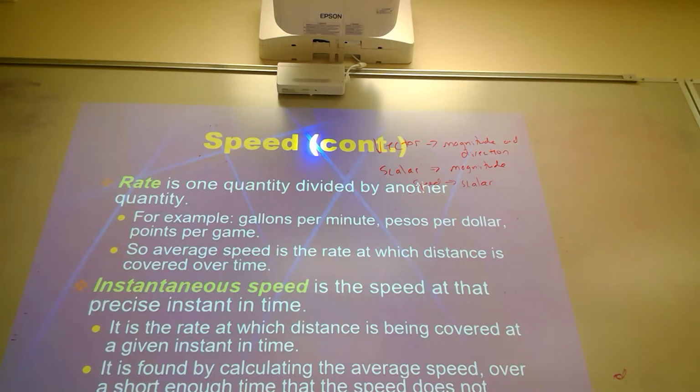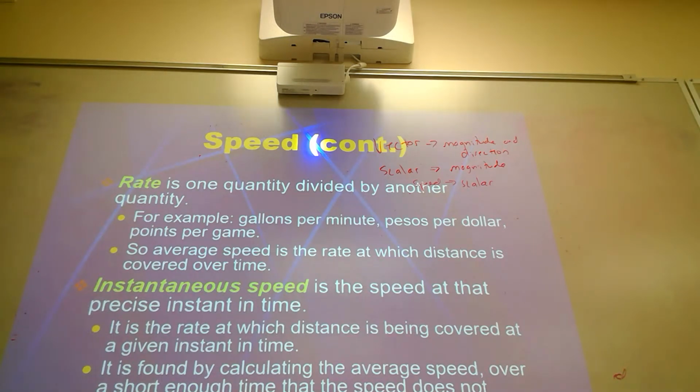Now, in the lab, with the equipment we have, we estimate it fairly well. So we try to have a small distance to have a small time, right? How do you do that so that you have a short enough time? You pick a short distance, and you get the time over that. So the speed shouldn't change much in a short distance.